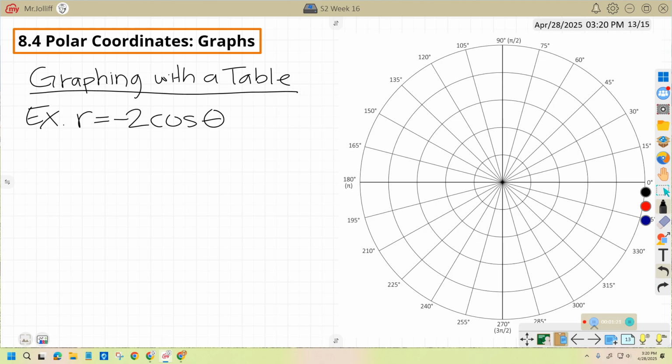And the very first step is to make a table. Choose your input values. Calculate output values.